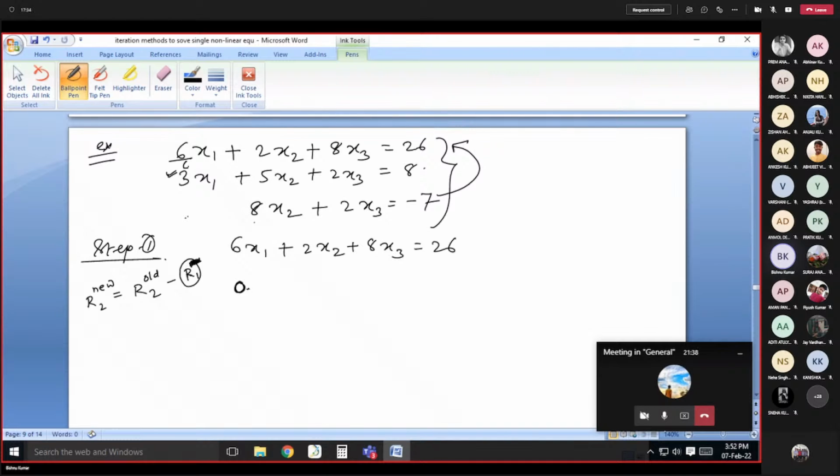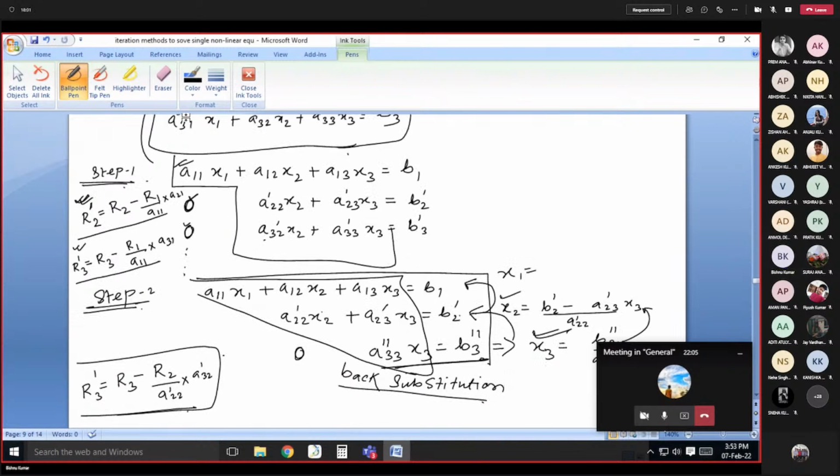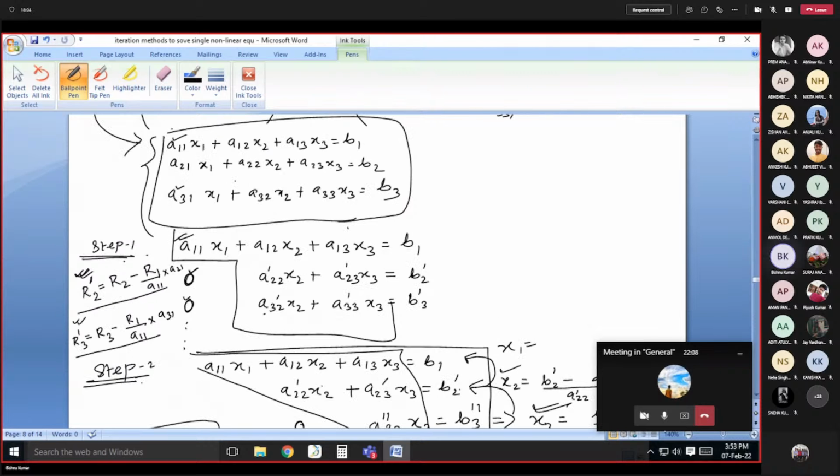So you divide by 6 and multiply by 3, and you subtract. First you divide by the coefficient here and multiply by this coefficient, and subtract. That is the formula I told you.